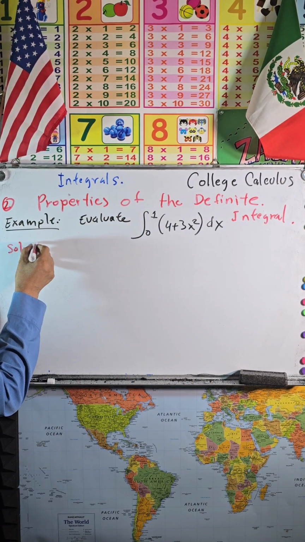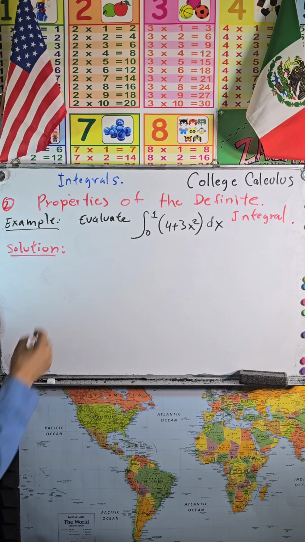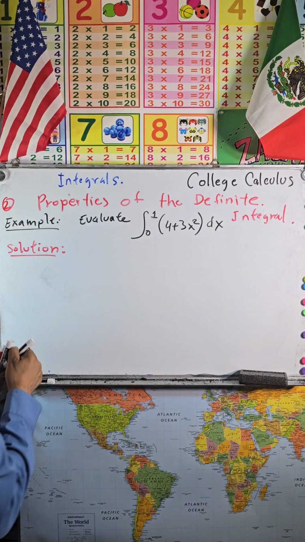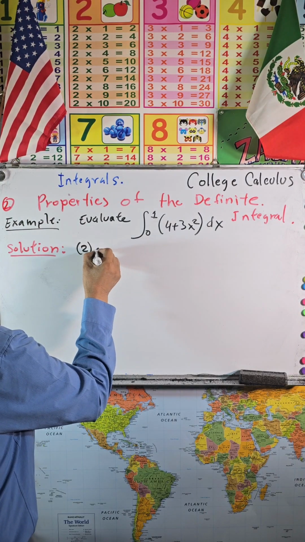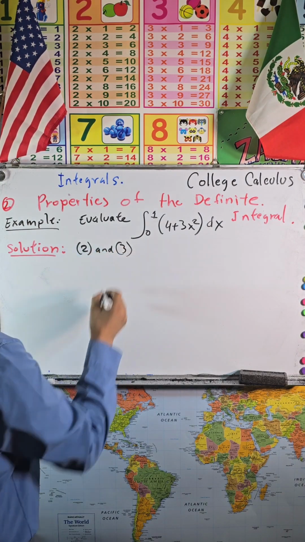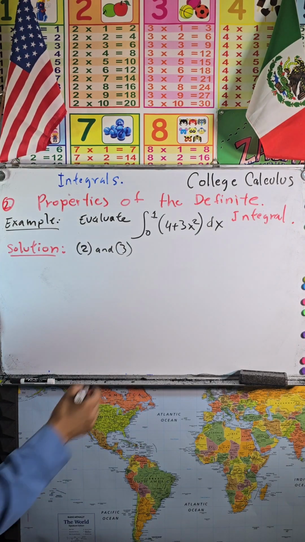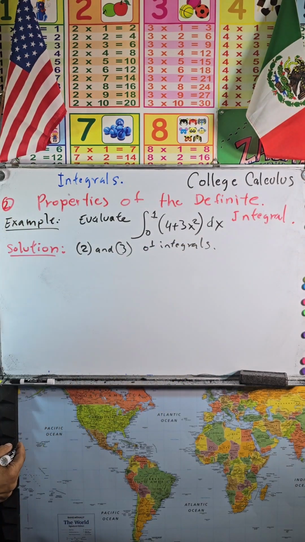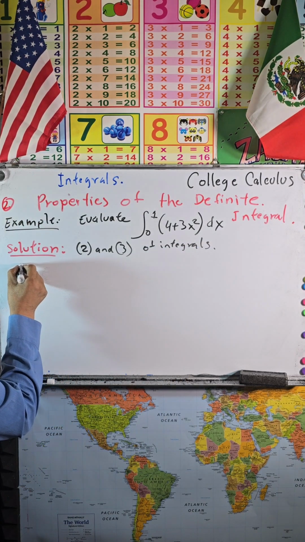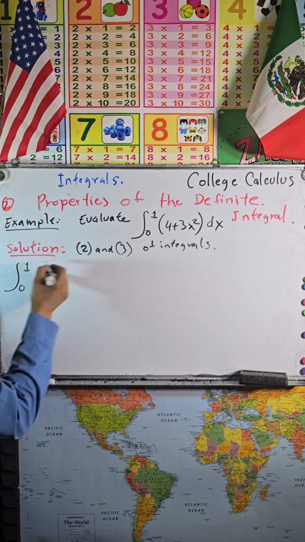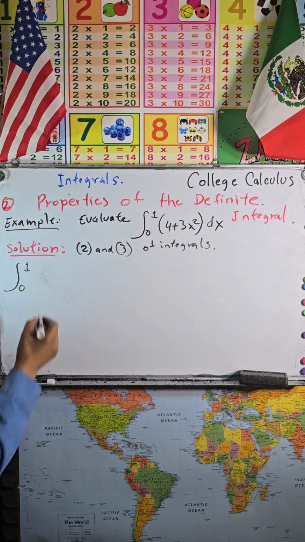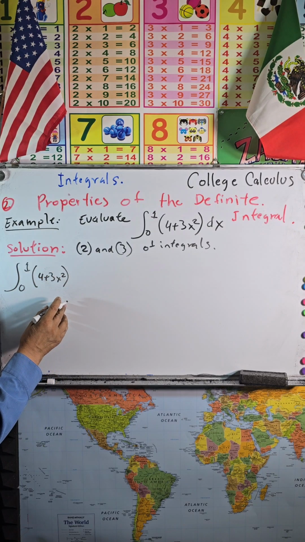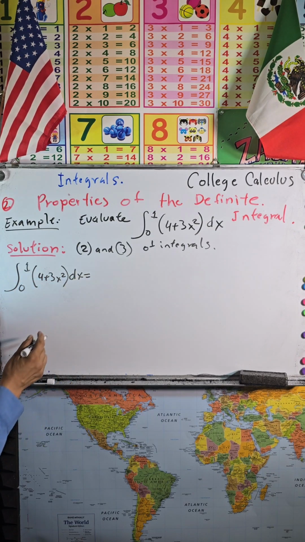Solution. Okay, let's go step by step. Using the properties, we have to use properties 2 and 3 of integrals. All right. If you use those properties, we will have, look at this, our problem right here: the integral of 4 plus 3x to the second power, differential of x, equals.